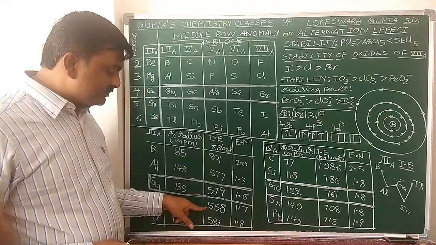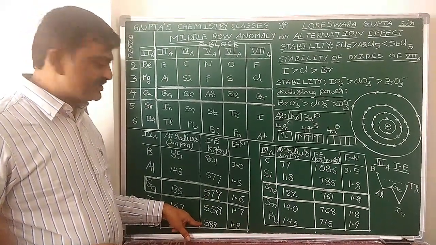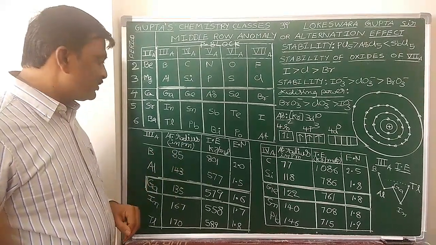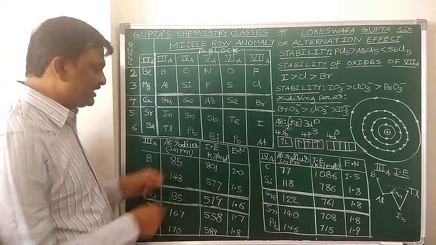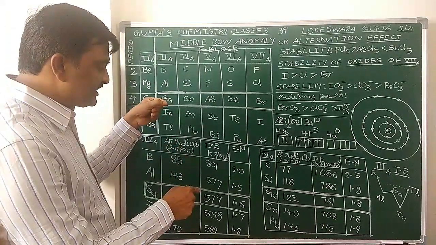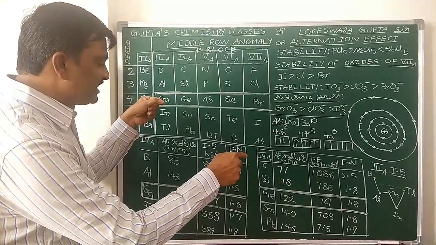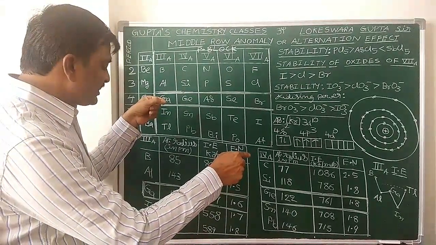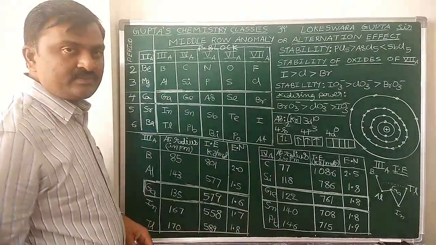After that decreased, after that again increased. So in the 3A group, what is the ionization energy order? Boron to aluminum decreased. Aluminum to gallium, because of middle row anomaly, slightly increased. Next, gallium to indium decreased. Indium to thallium increased.